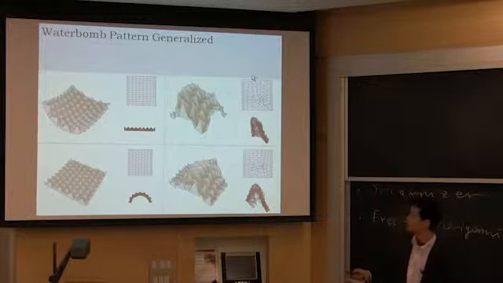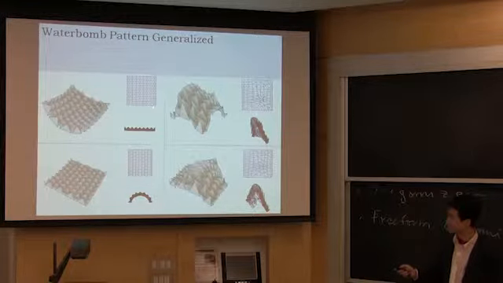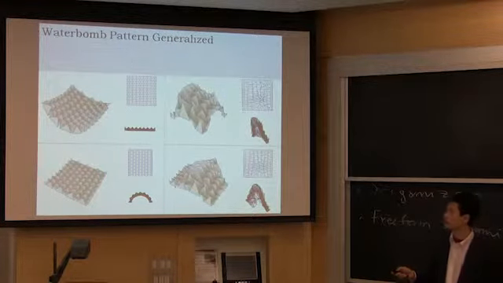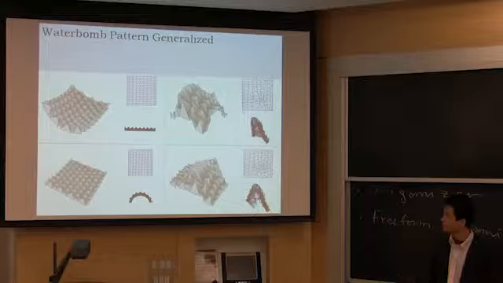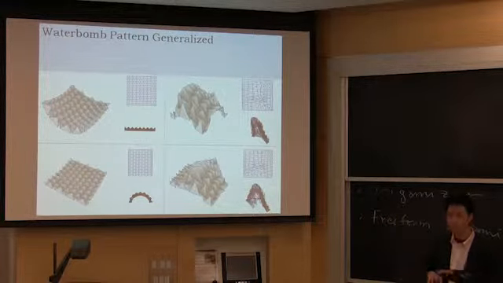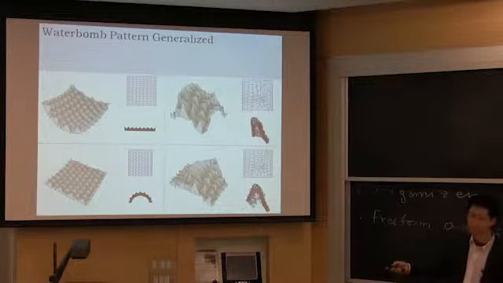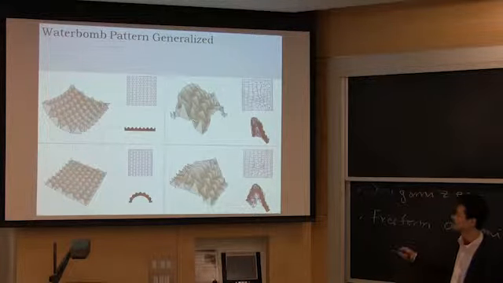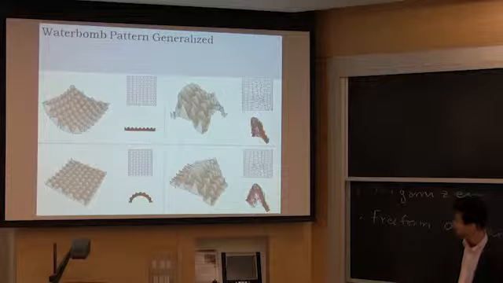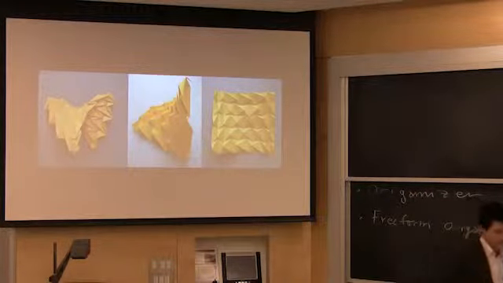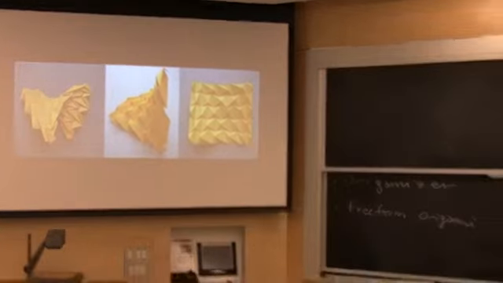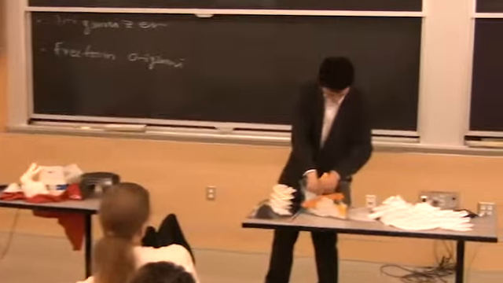Anyway, this is an example of deformation. So this is the normal water bomb pattern that's based on triangles. And this one forms a more planar surface when it's in 3D. And this is some generalization. This is the folded form. I think it's a little bit too small to show.